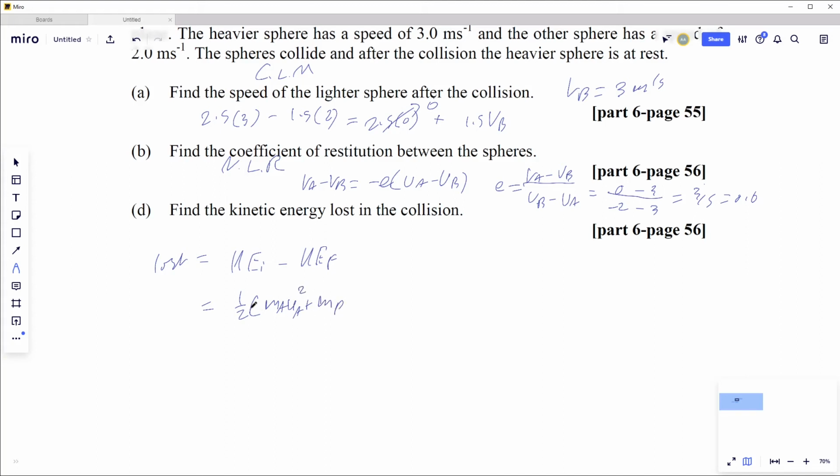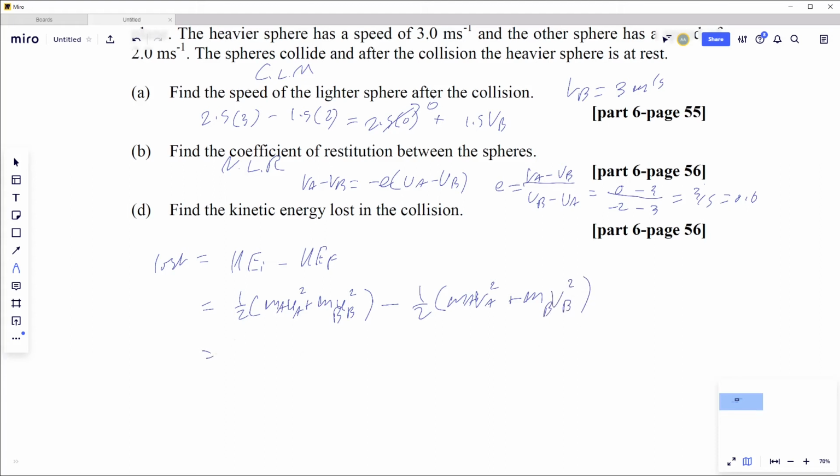It looks like momentum, but you're doing half mv squared, half ma ua squared plus half mb ub squared, minus half ma va squared plus mb vb squared.